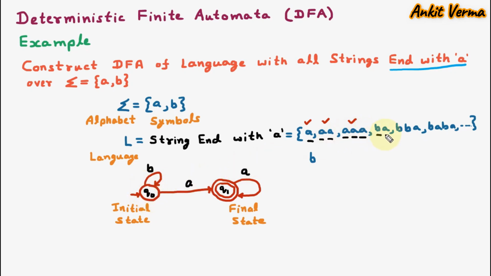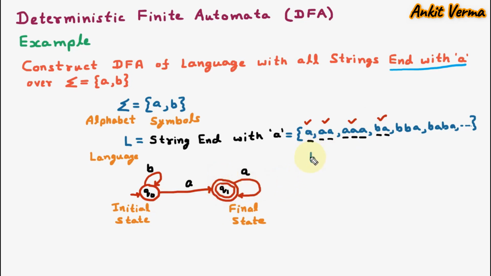Then let us suppose A comes afterward. Then we go to the next state, which is Q1. After processing this string, we are on the final state. That means this string is accepted by the DFA. So our purpose is solved.